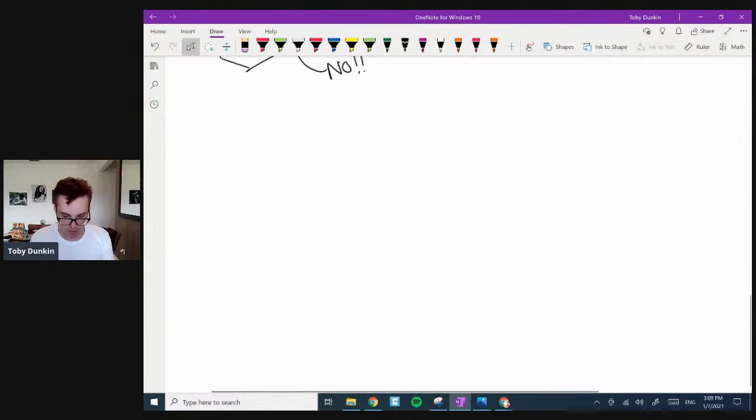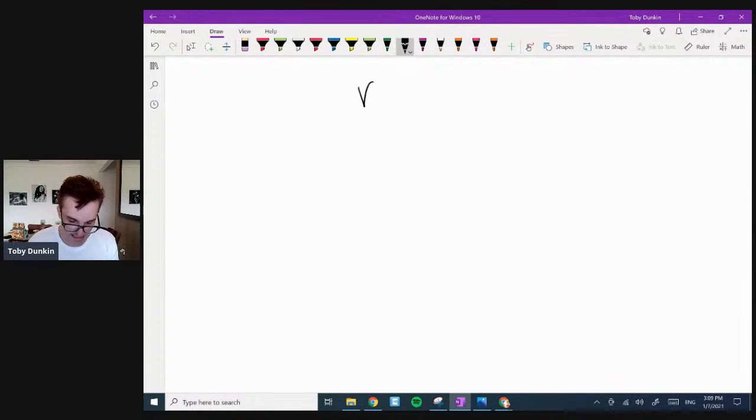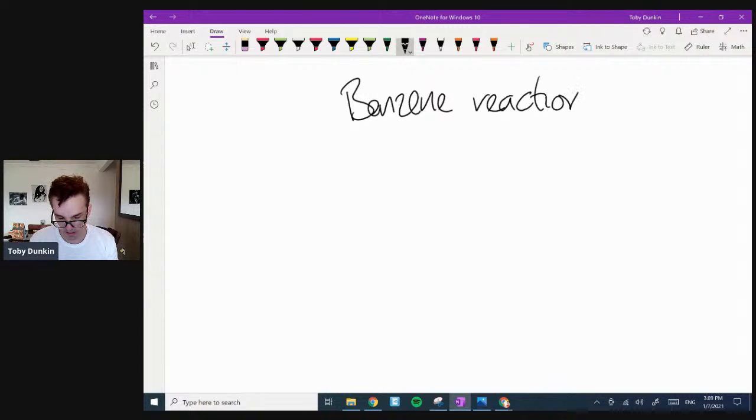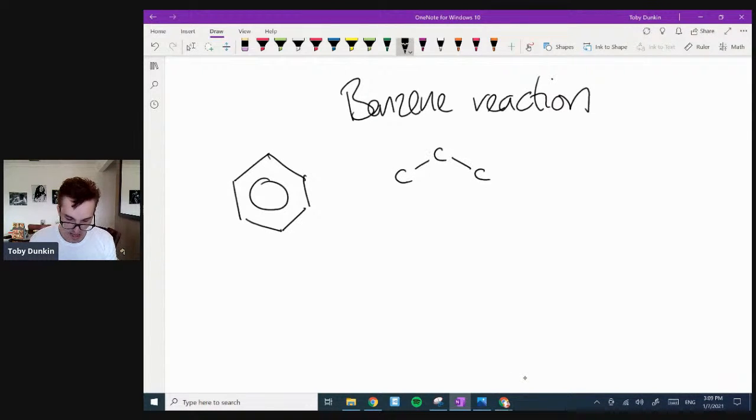So what can we do with benzene? I'm now going to do all three of these things simultaneously. Benzene reactions. I'm going to draw this out properly because it's really important to explain the substitution.